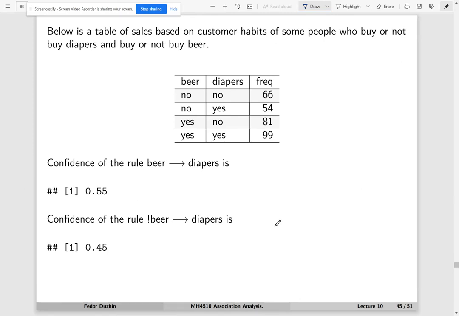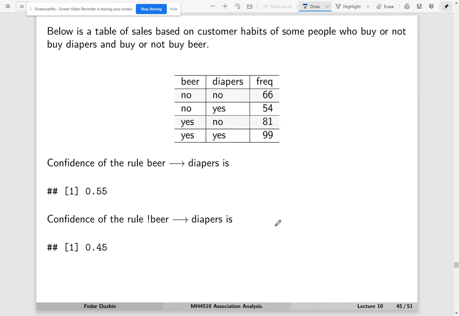Now the confidence of the rule, the absence of beer implies diapers. So if there is no beer, then diapers. Imagine that for someone who did not buy a beer, I add an imaginary item labeled no beer. Then I can still run association analysis with this imaginary item.